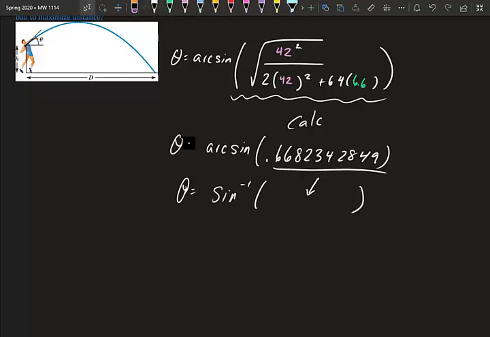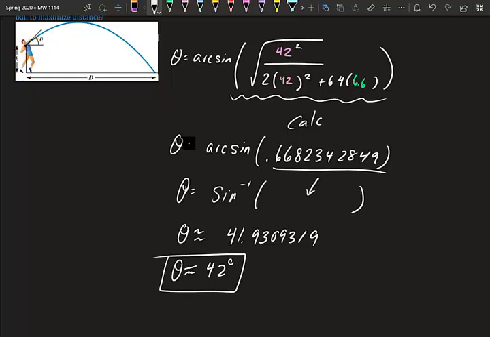We put that in there, and you should get theta is approximately 41.930939, and theta is about 42 degrees. To get inverse of sine on your calculator, press second sine and you'll get it. Make sure you're in degree mode.